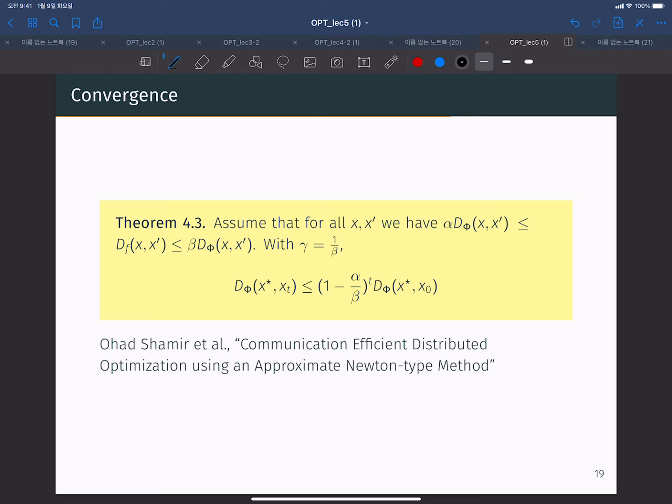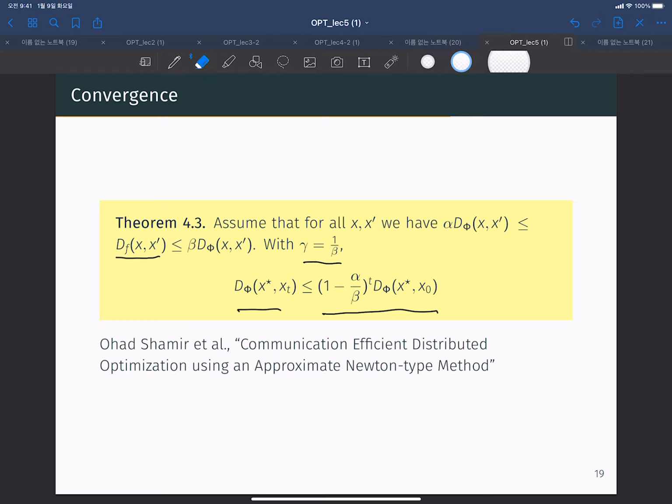So in theorem 4.3, the result is: when the Bregman divergence of the original function f between any point x and x prime is lower bounded by alpha and upper bounded by beta times the Bregman divergence with respect to the mirror map function pi, then with this step size, 1 over beta, we can guarantee an exponentially decreasing error value.